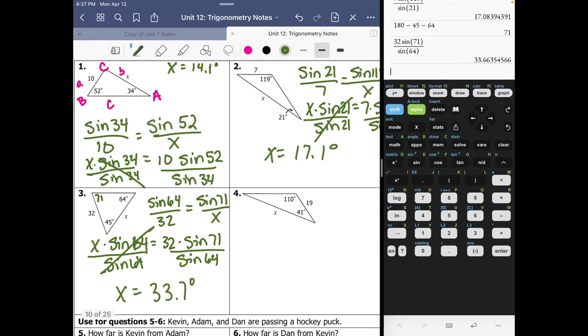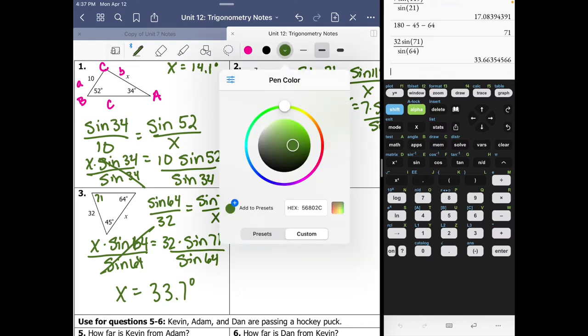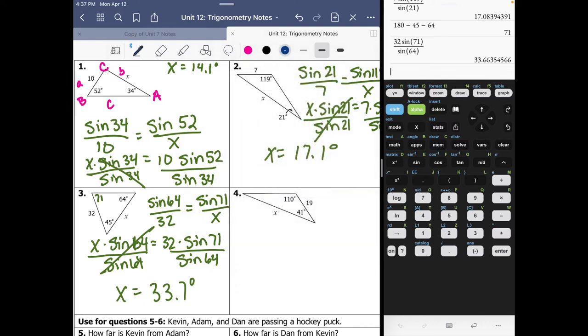Okay, we got to do the same thing here. Let me switch to a different color so it's not all green. So we're going to do 180 minus 110 minus 41. So that means this other angle is 29. So we had to know that to set up our proportion. This one, x didn't have its mate.